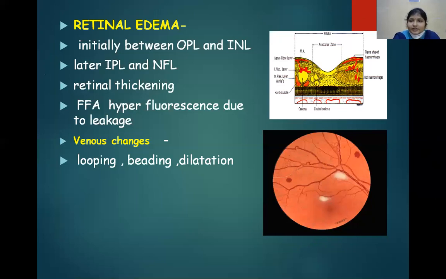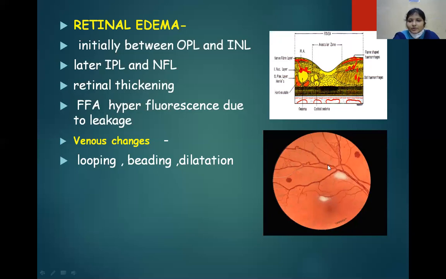The next thing is retinal edema. It is initially present between the outer plexiform and inner nuclear layer. Later, it reaches up to the nerve fiber layer. On FFA, we see hyperfluorescence. Other venous changes we see are venous looping, beading, and dilatation.